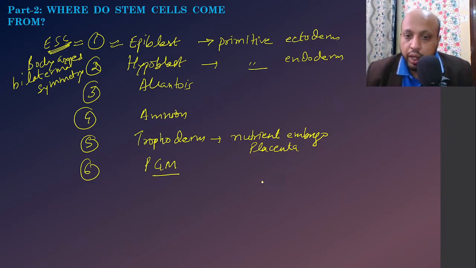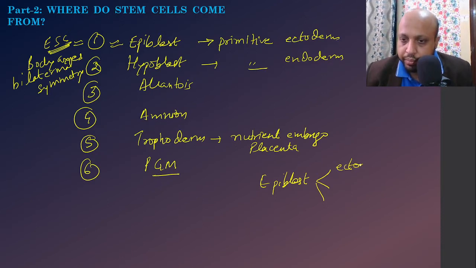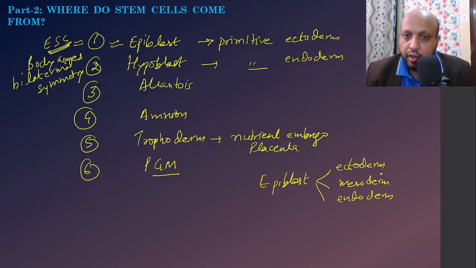Now if you look into the epiblast, because that is the most important cell type, later on after the process of gastrulation it makes the ectoderm, the mesoderm, and the endoderm. So from the very early process of embryogenesis they are primitive ectoderm, but later after gastrulation they make the ectoderm, mesoderm, and endoderm, and that makes the whole embryo.